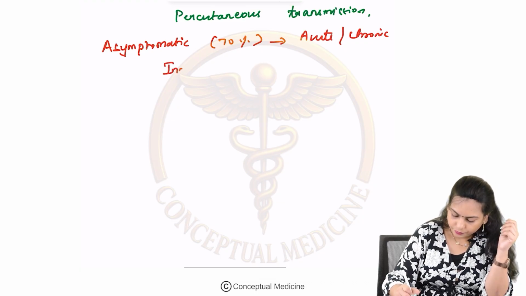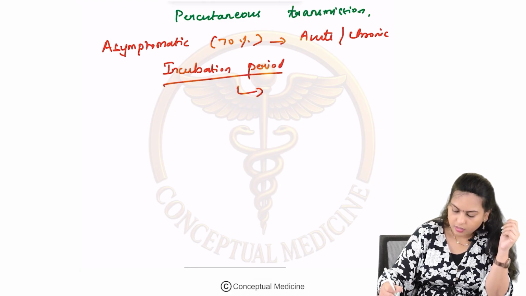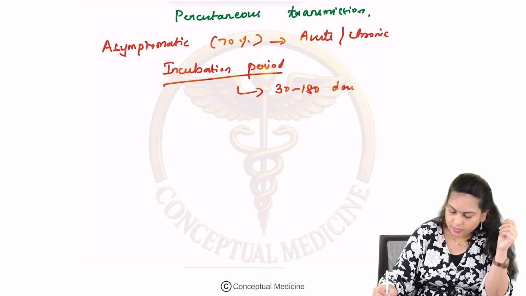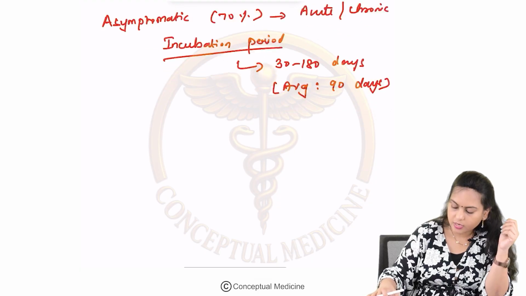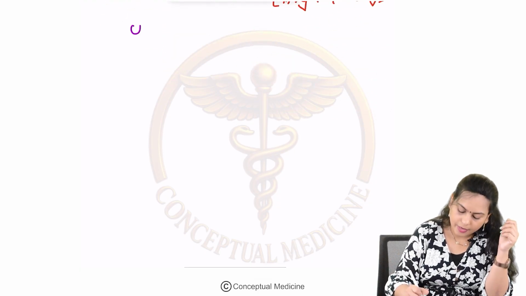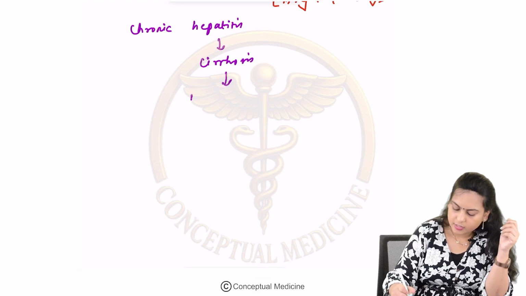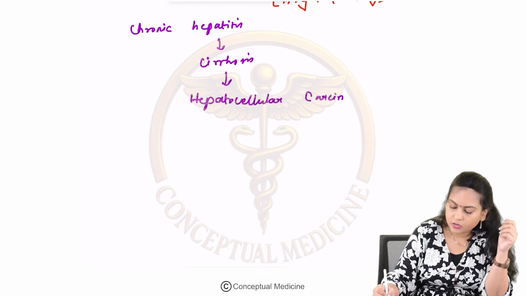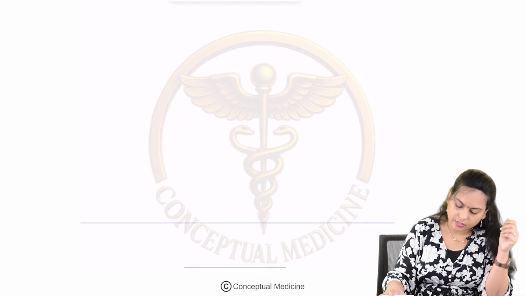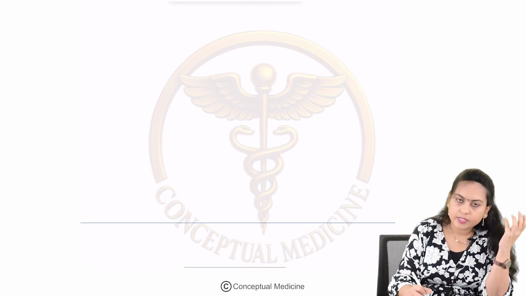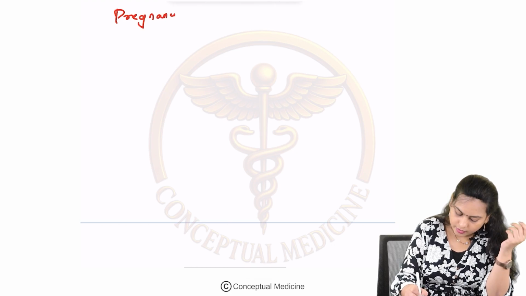If you take incubation period, it is around 30 to 180 days, and on average you can keep around 90 days. If there is chronic hepatitis, it is going to form cirrhosis and it can form hepatocellular carcinoma also. Now, what is the importance in pregnancy?